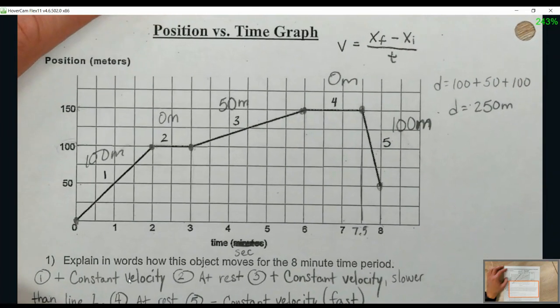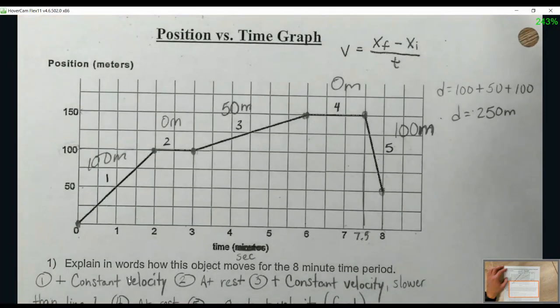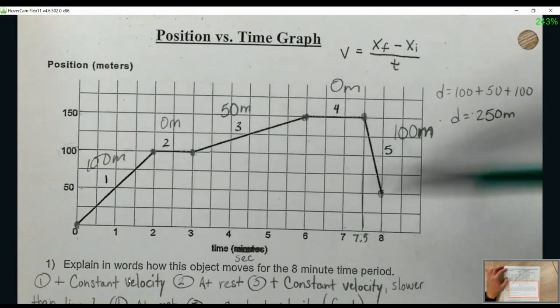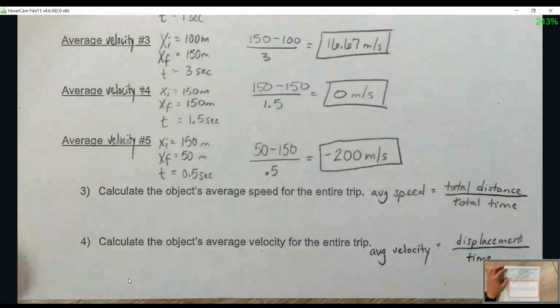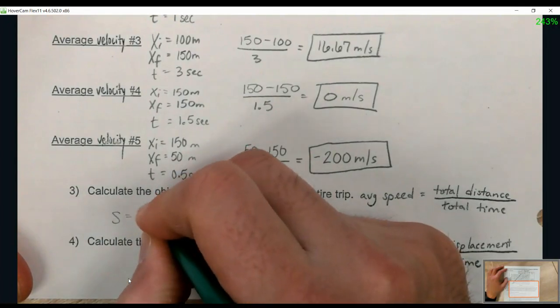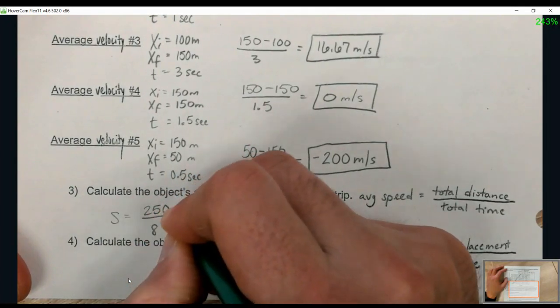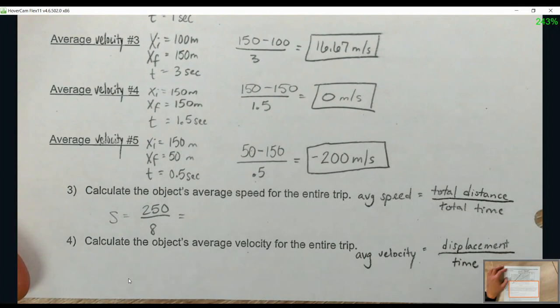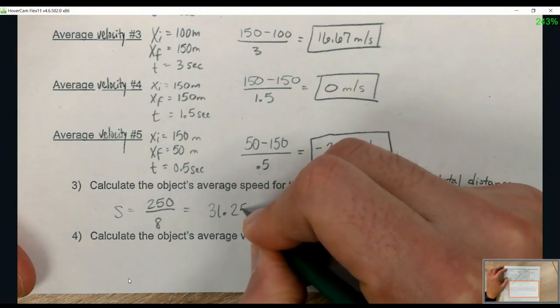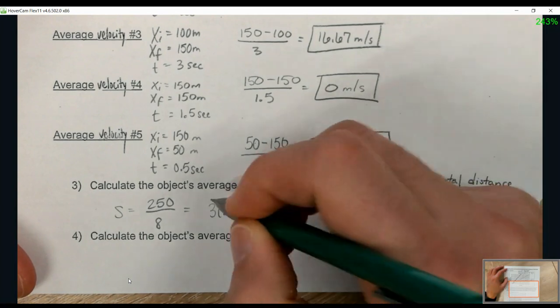We understand that? Now, the equation at the bottom of your paper says total distance divided by the total time. What was our total time again? 8 seconds. So in your calculators, you're going to write that the speed was equal to 250 meters over 8 seconds, and that's 31.25 meters per second.